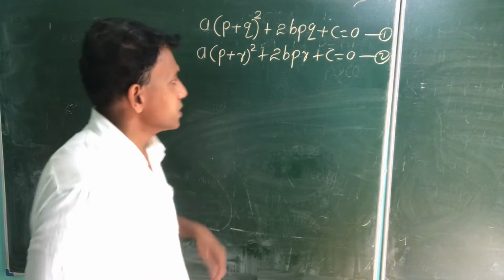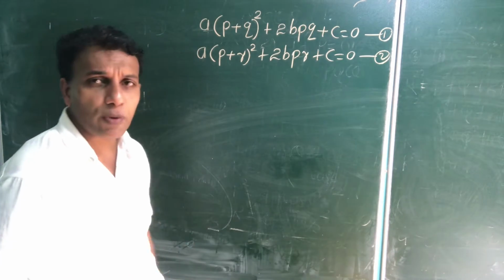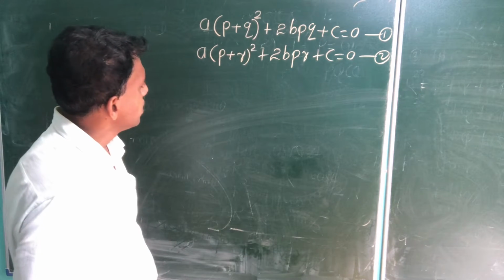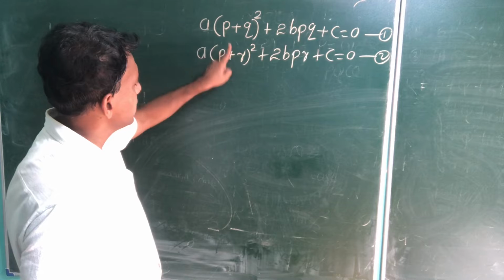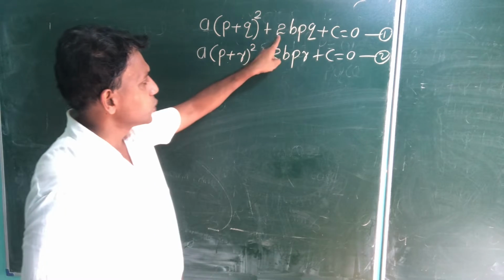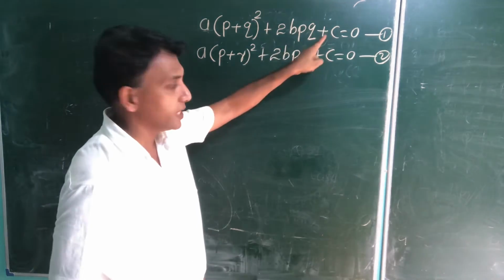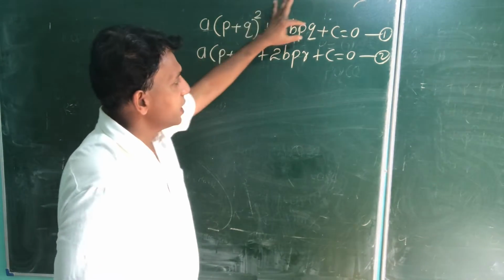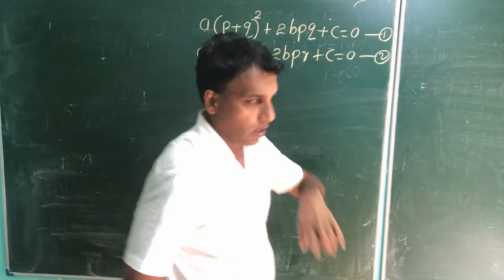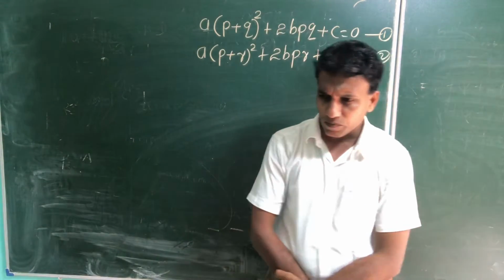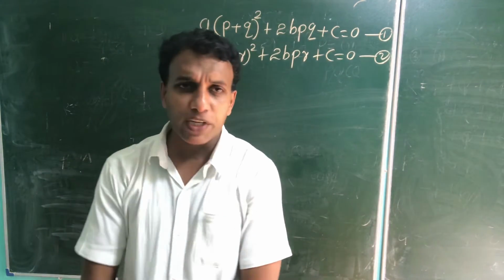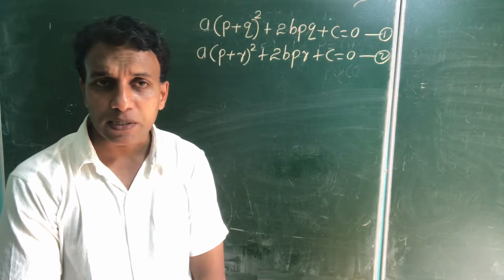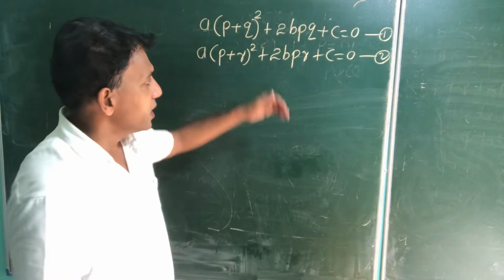Okay, so see this, if you clearly view these two simultaneous equations of quadratic type, see here p, a, 2b, p, c, here q, here r, here q, here r. Therefore, if you properly view this pair of equations, I can decide like this.